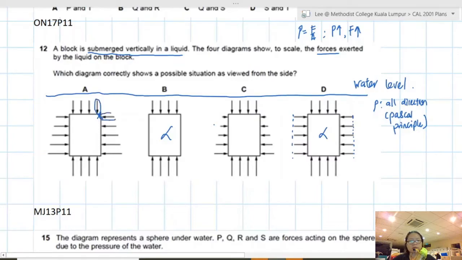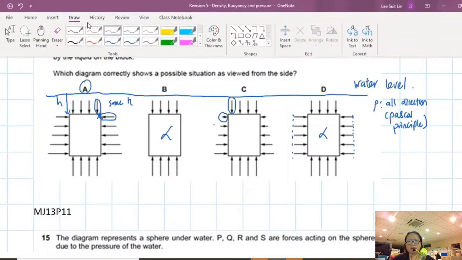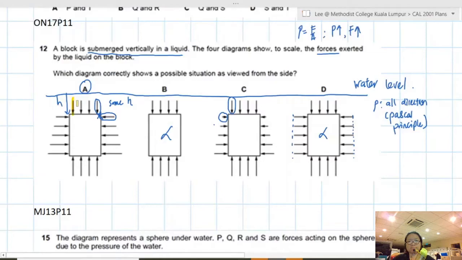So the second part is to compare the pressure at the same point. You will notice that A will have the same height at that point that I crossed, so they should have the same pressure. Whereas if you look at C, very weird: same height but very different pressure. So we are relating force to pressure, and you notice that there's a pressure difference between the top and bottom. On the top, there's less water, so less force.